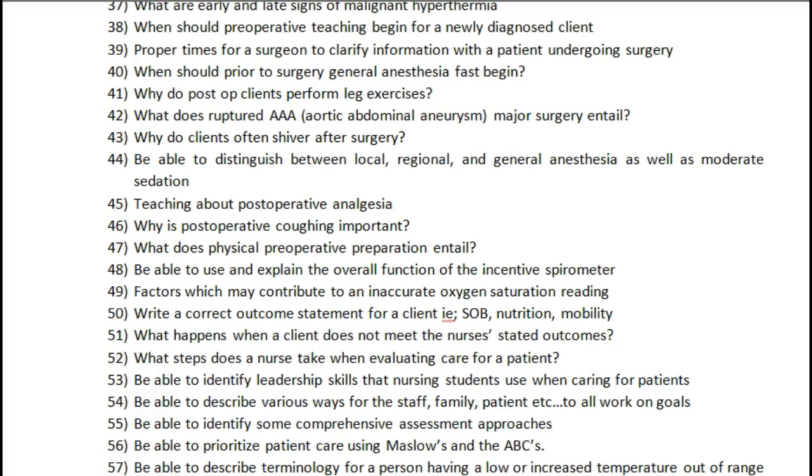Nutrition, friction, activity, mobility, moisture, sensory perception. Know those six things. Friction and shear go together. Know that those areas are what is being assessed when you look at the Braden scale.